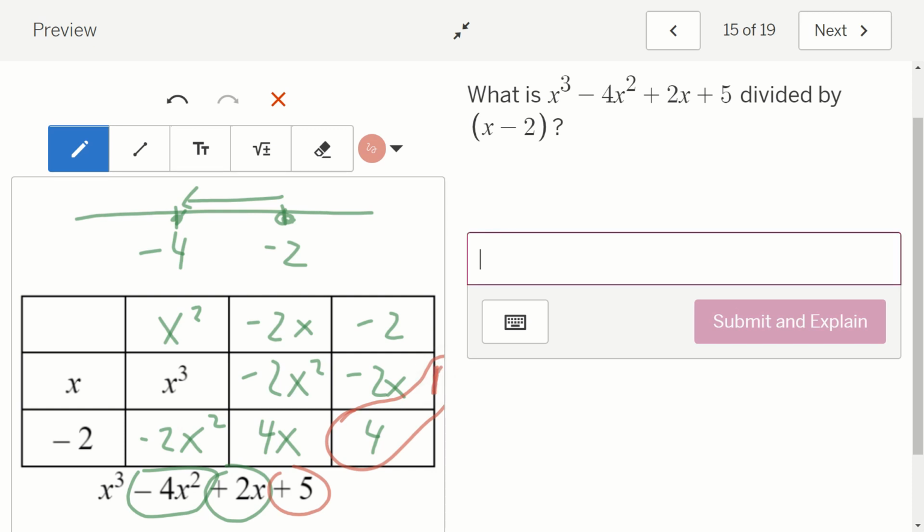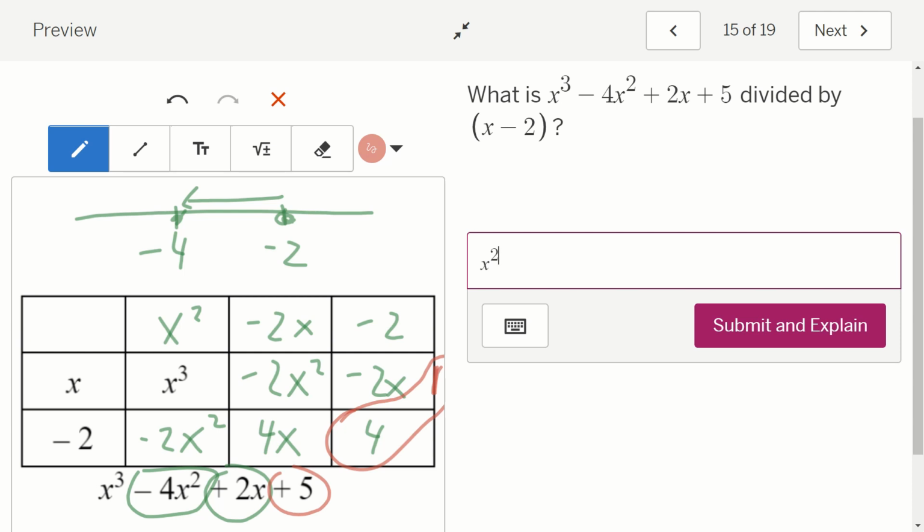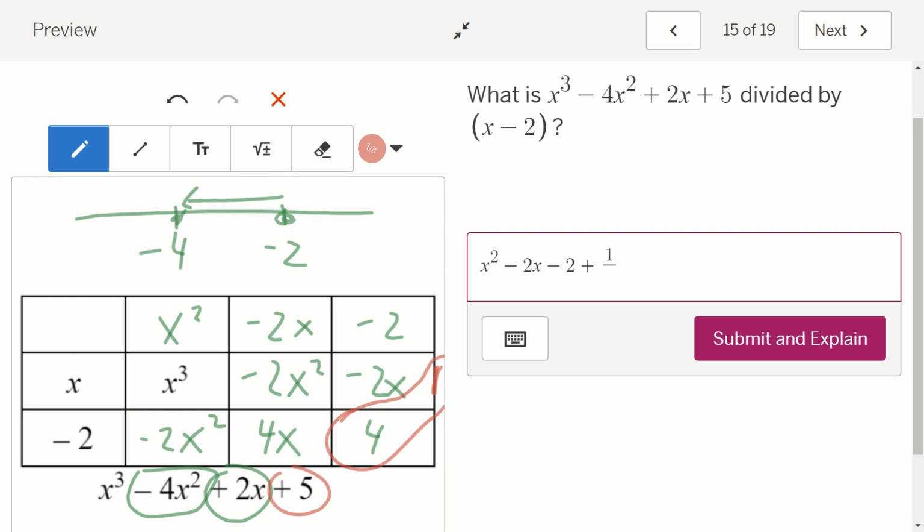So what I would want you to type in for your answer is x squared minus 2x minus 2 plus 1 over, and then you're going to give me what you were dividing by, x minus 2. Okay, so I want you to write that as a fraction.